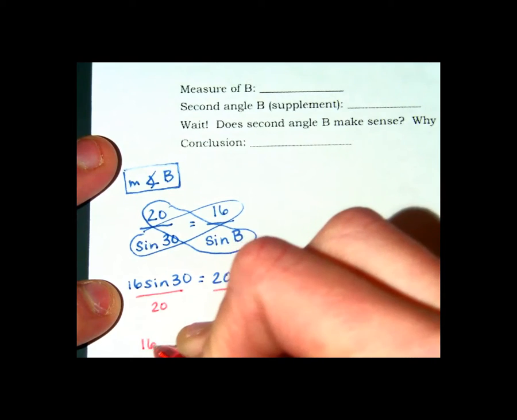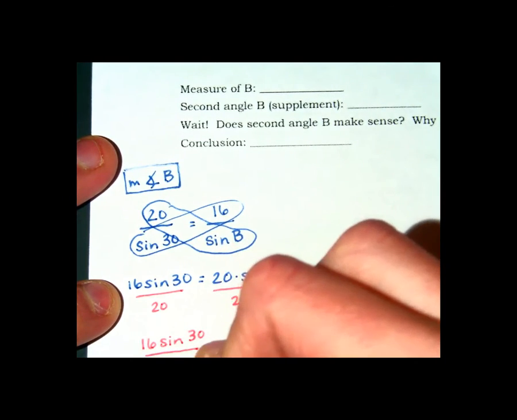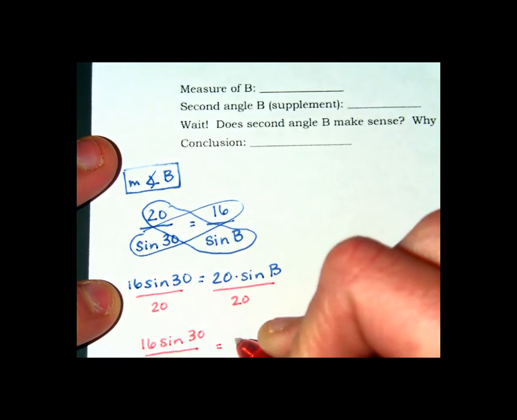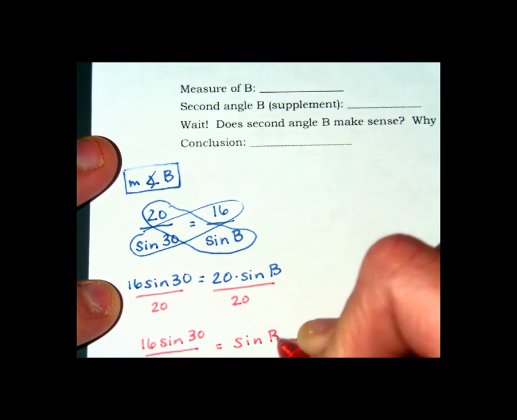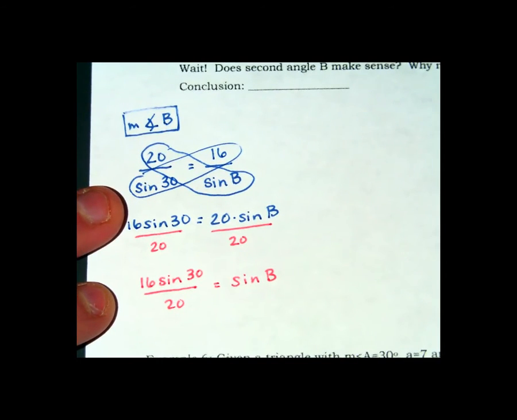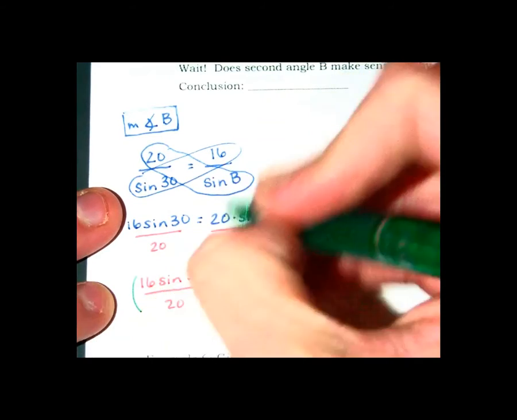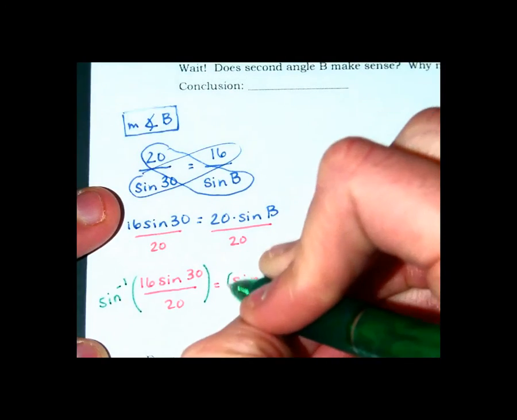So 16 sine 30 over 20 equals sine of B. Do you remember what the inverse operation of sine of B is? Sine what? Sine -1, which literally is sine inverse.